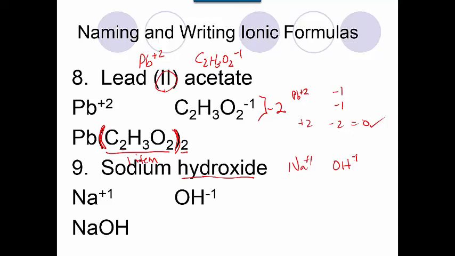So just saying NaOH is fine. Notice that there's no parentheses around the OH, and that is because we only needed one. So we don't need the parentheses unless we need 2 of them or 3 of them, or something more than one.